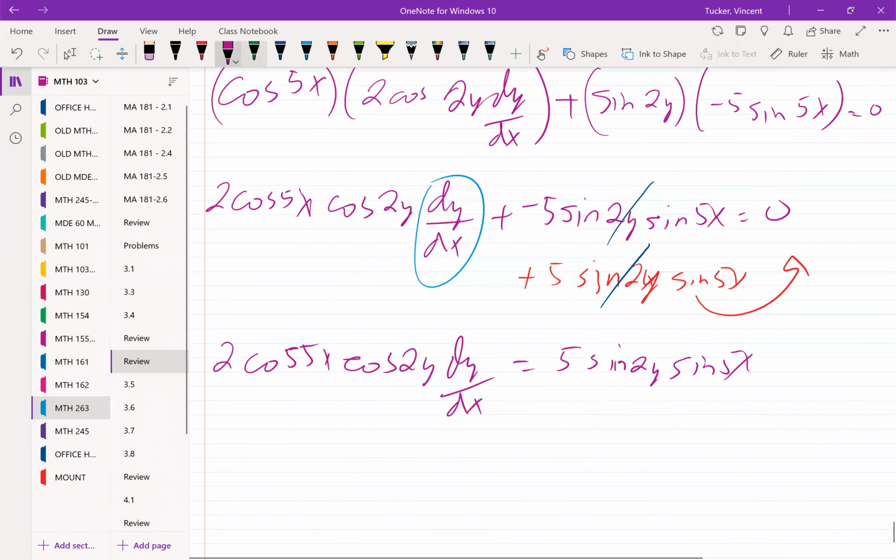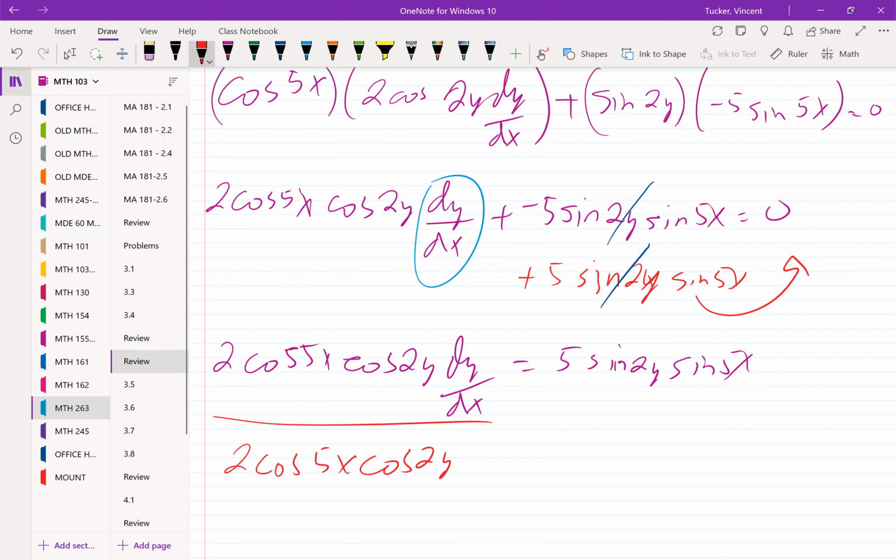And then divide both sides by 2 cosine 5x cosine 2y. So that cancels out over here.